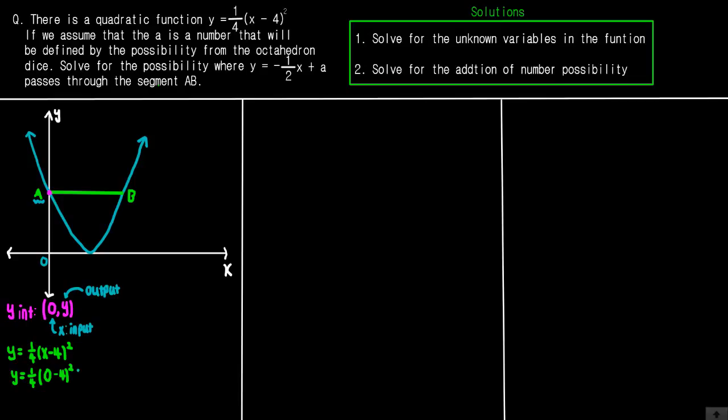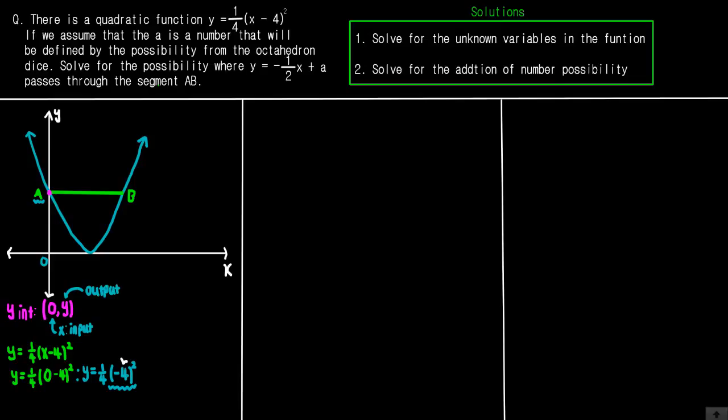So if we extend our equation, it is going to be y is equal to 1 over 4 times (negative 4) squared. According to the order of operations, we calculate the square term first, and negative 4 squared is the same thing as negative 4 times negative 4.